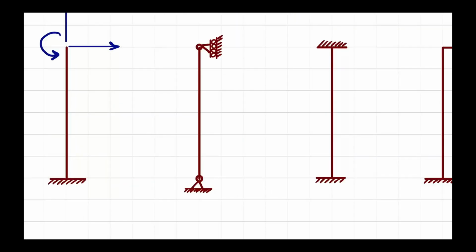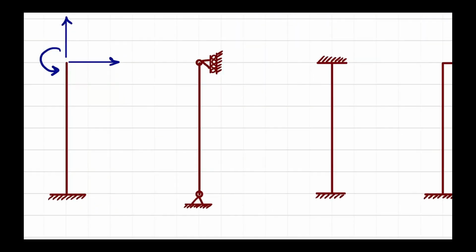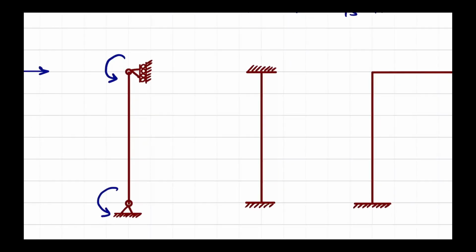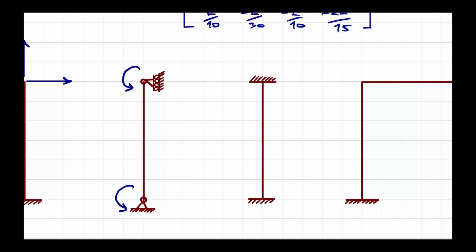The second system here, the degrees of freedom that we really have are the rotations at both ends. The third one, if we formulate this problem using just one element and we enforce the boundary condition, we lock the top, we lock the bottom, nothing happens, right? Because you will eliminate all rows and columns, you don't get anything.